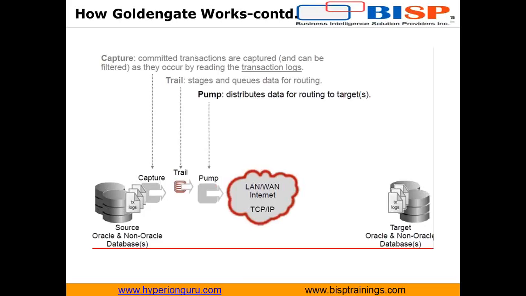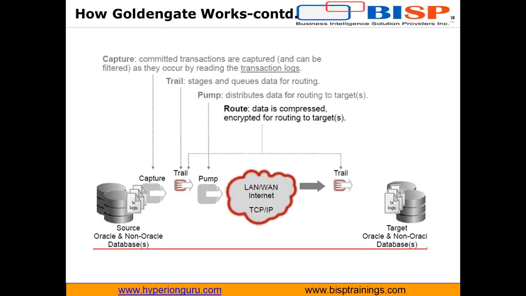Now once the data is written to the local trail, there is another Goldengate process, which is the data pump. The data pump reads the data out of your local trail and sends the data over the TCP/IP network to another trail file on the target. The trail file on the target is remote to your source, so it is known as the remote trail file.